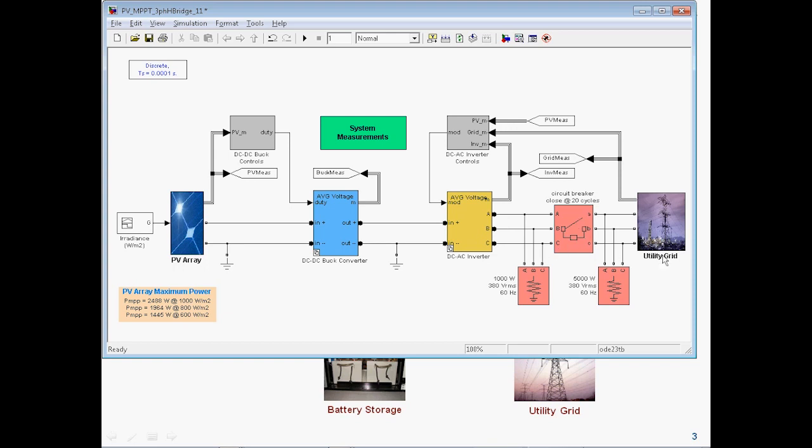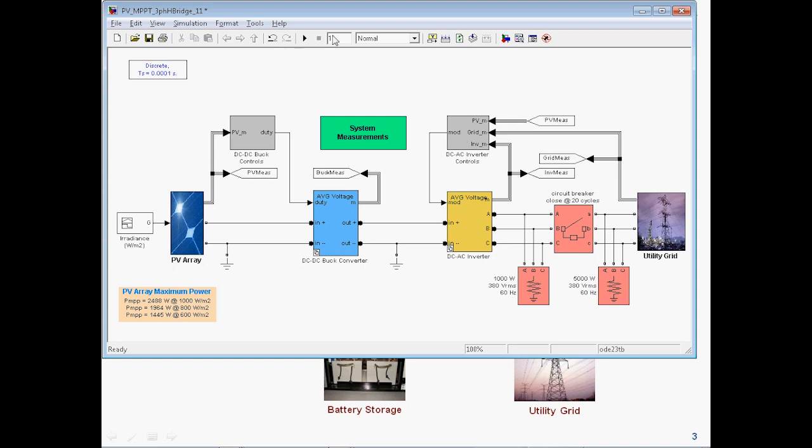And finally, that is being connected to a model of the utility grid. On our side, we're not controlling the grid. We're just controlling our system here. On our side, we have two controllers, a controller for the DC-DC converter and a controller for the DC-AC inverter. Throughout the seminar, we're going to discuss in detail each one of these components.